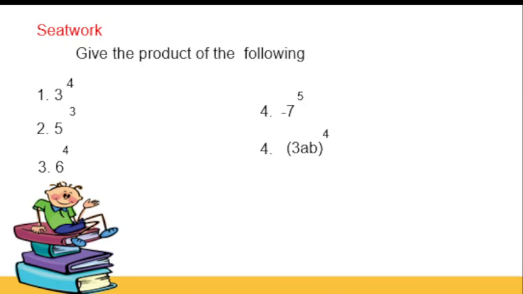Now, if you will notice on number 4, there is a negative sign. Negative multiplied by negative is positive. Multiplied by negative is negative. Multiplied by another negative, that is positive. And multiplying the last, positive multiplied by negative, is negative.